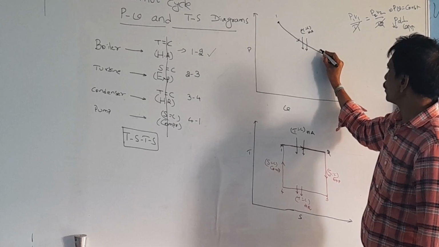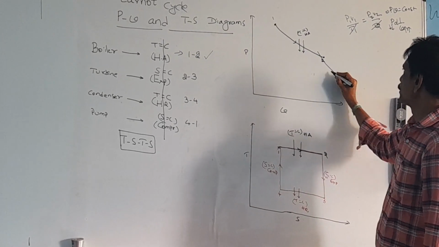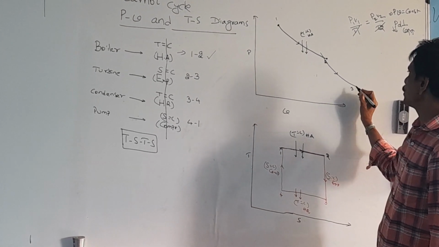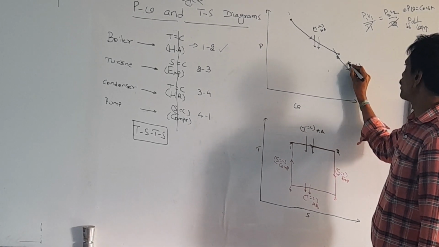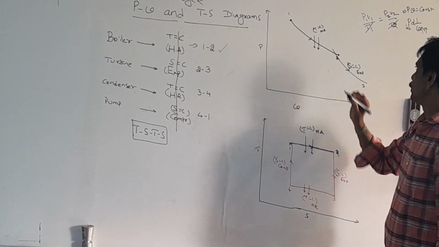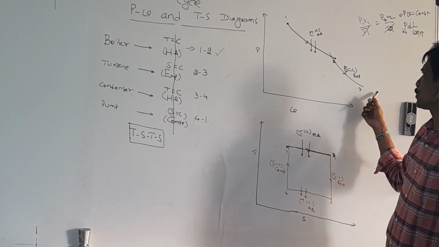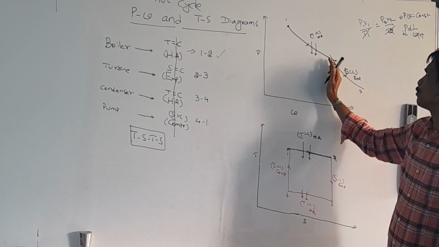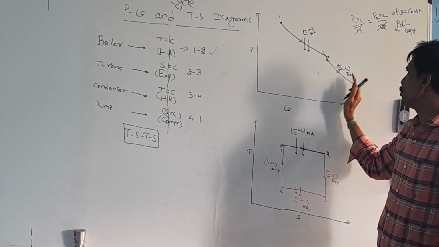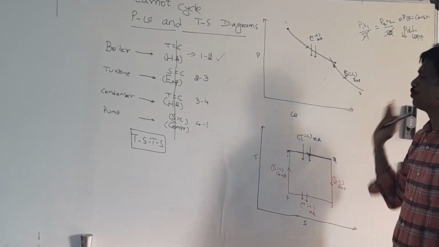So you have to draw the curved line like this. 2 to 3 is the isentropic expansion. Again it is curved downwards, and the volume increases. At point 2 volume is V2, at point 3 volume is V3.